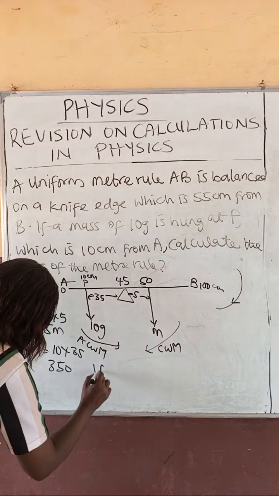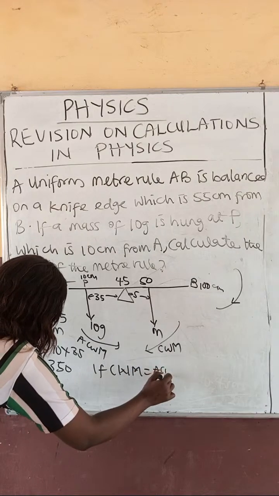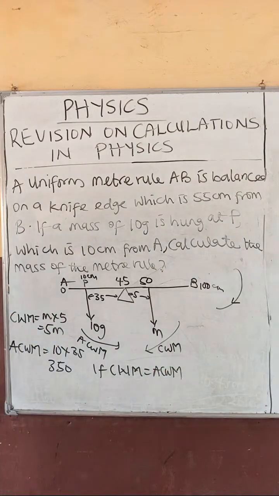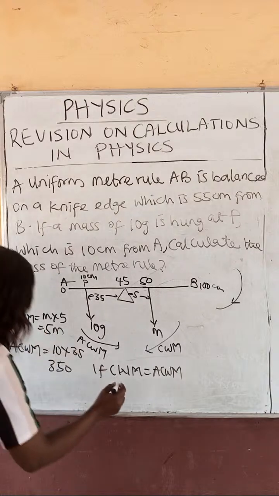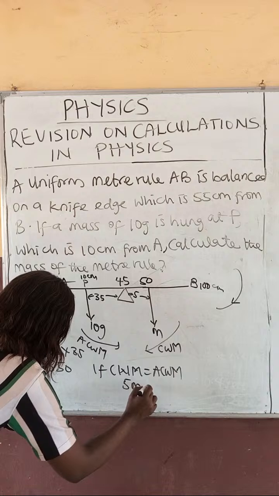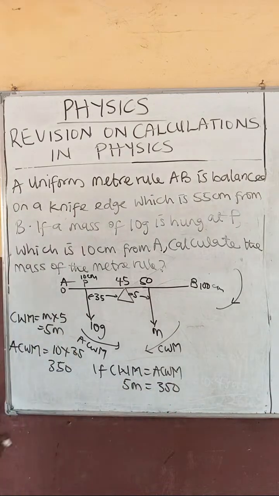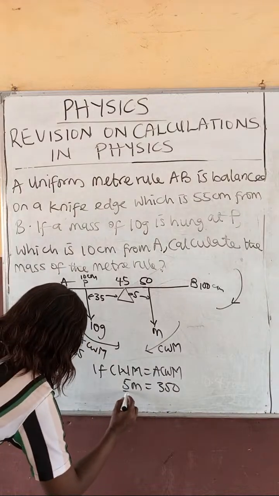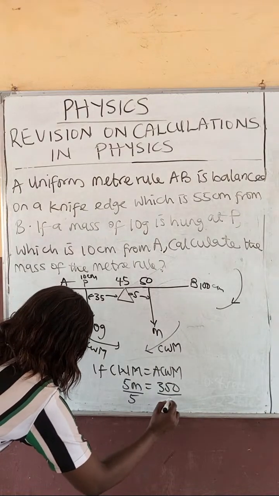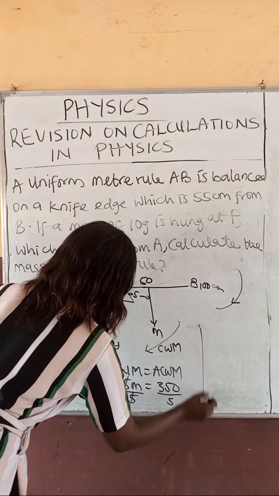Now, clockwise moment is equal to anti-clockwise moment. Now, what do we have? 5m is equal to 350. So divide both sides by the coefficient of m, which is 5. Do we understand? And we are left with m.